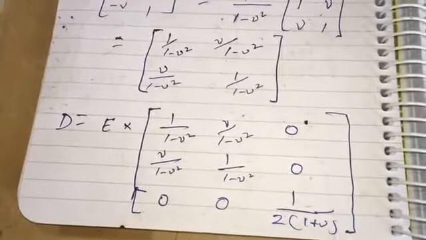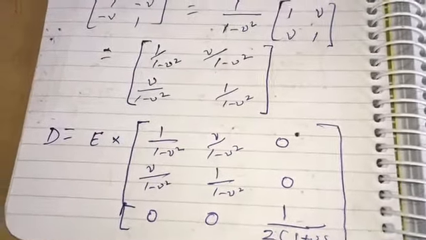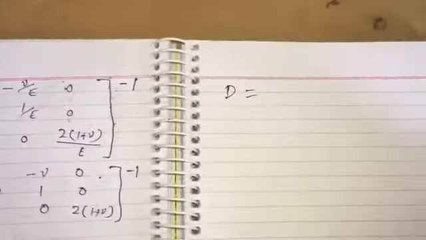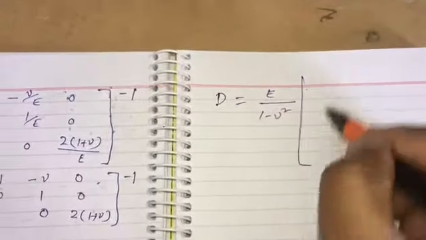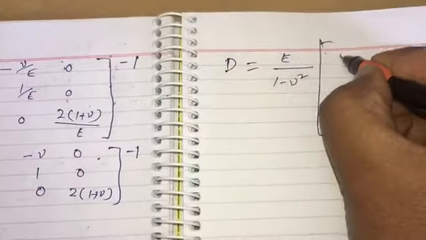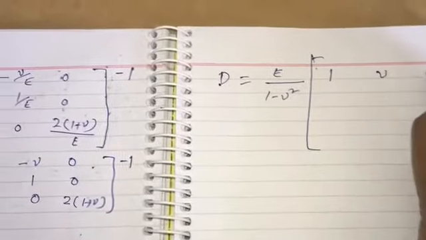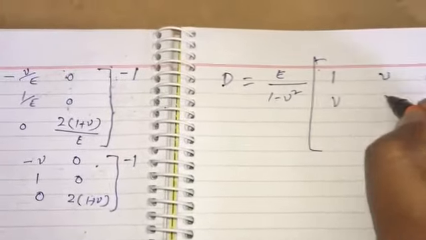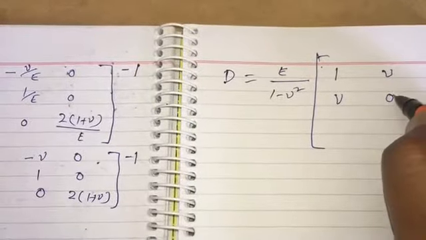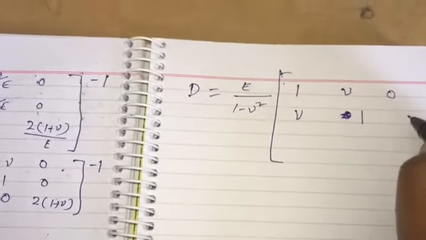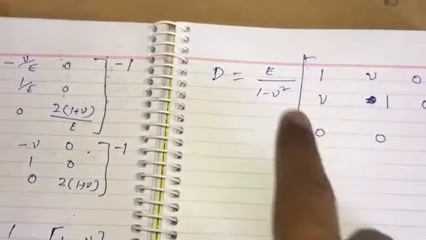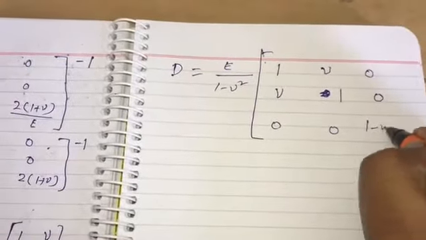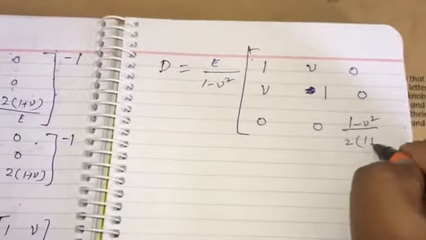Yeah, so if we take out 1 minus nu square outside, D becomes equal to E over 1 minus nu square, and then we will have 1, nu, 0, nu, 1, 0, then 0, 0, and 1 minus nu square divided by 2 times 1 plus nu.